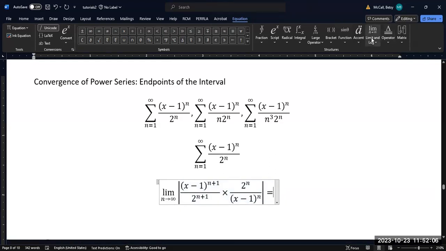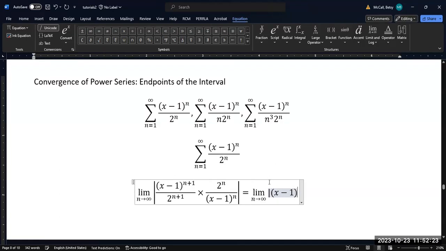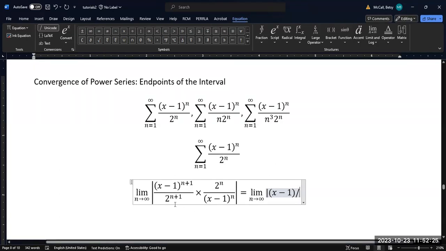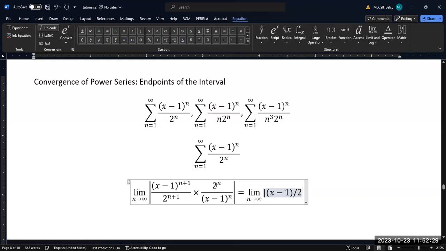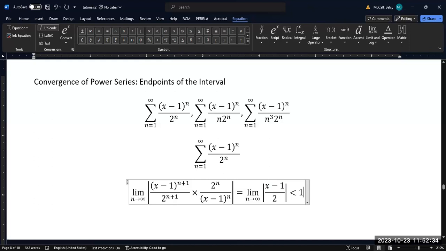And that's going to leave us with a limit as n goes to infinity. (x minus 1) to the n plus 1 and (x minus 1) to the n is going to leave me with an x minus 1, and my 2 to the n plus 1 and my 2 to the n are going to leave me with a 2. And for convergence, I need this to be less than 1.